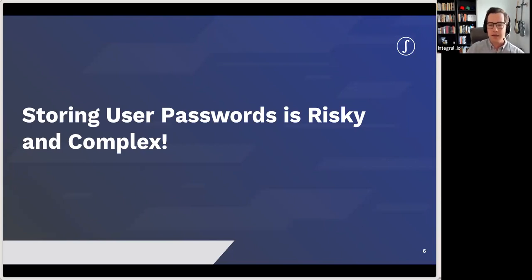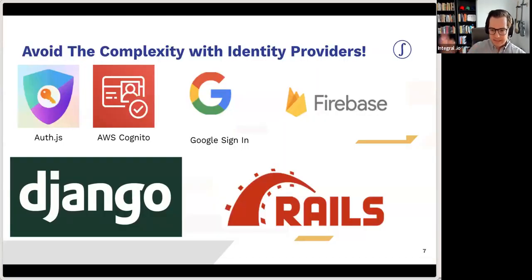So most developers are aware of these things, but in order to create a really secure, robust authentication system, it takes some specialization. So I highly recommend thinking about using some other library or some framework that can do most of this work for you. And then today we're going to go over how those things work.